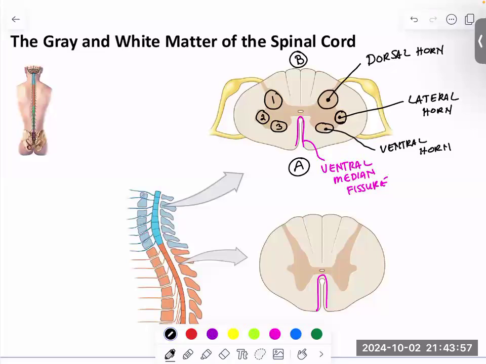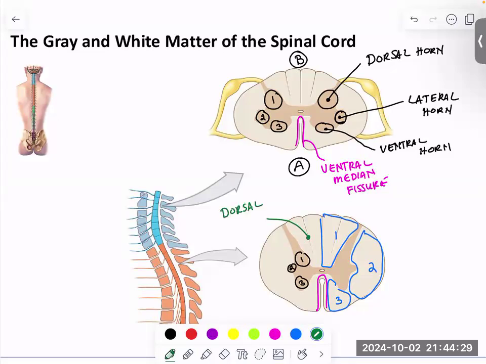You'll be able to see it here too. 1, 2, 3. The white matter also has regions. There's 1, 2, and 3. These are not called horns. Region number 1. Is that dorsal or ventral? That is your dorsal funiculus or your dorsal column.